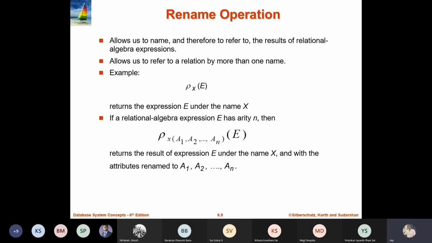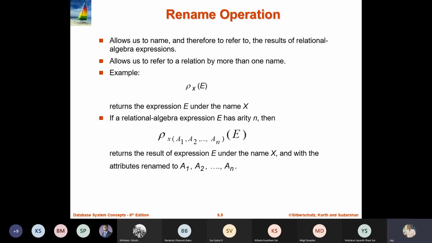We can also rename the attributes. If a relational algebra expression E has arity n, then we can use the rename operator rho x(a1, a2, ..., an) of E. The result is the expression E under the name x, with the attributes renamed to a1, a2, ..., an.